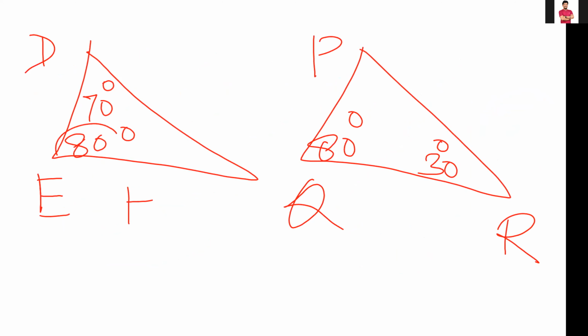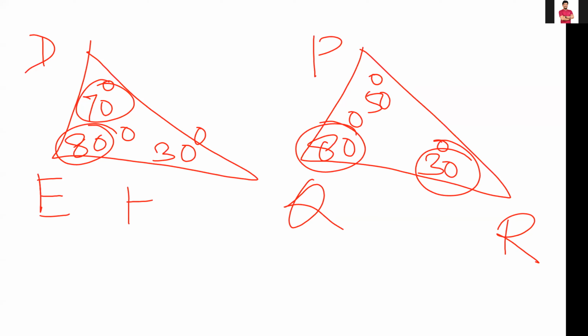See, this is 80, this is 70, so this must be 30. Now this is 80, this is 30, so this must be 50. No, 70, because the sum will be 180. Now you are saying by AAA criteria these two triangles are similar. The angle P should be 70.